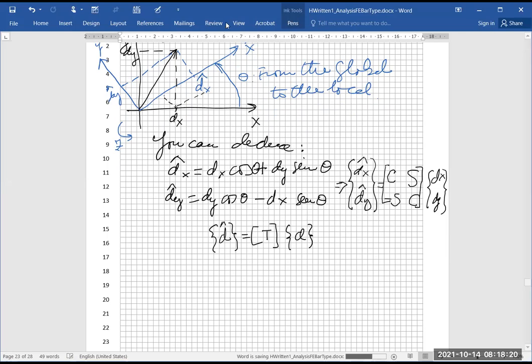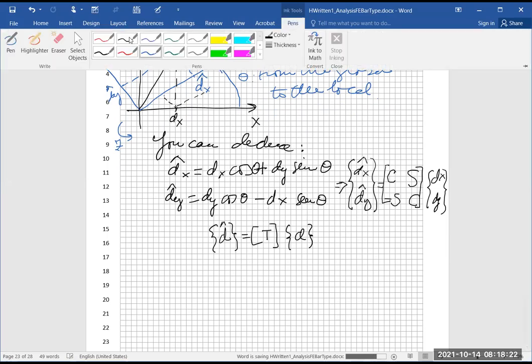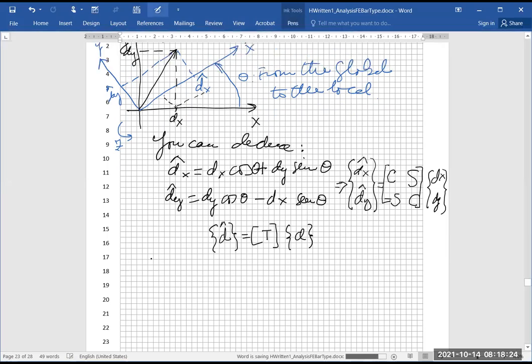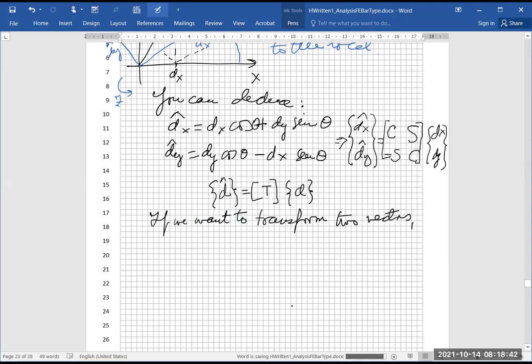If we want to transform two vectors, we can apply the following relation.